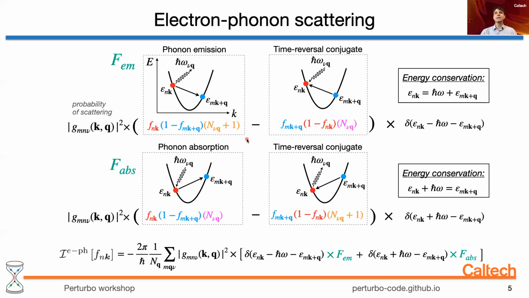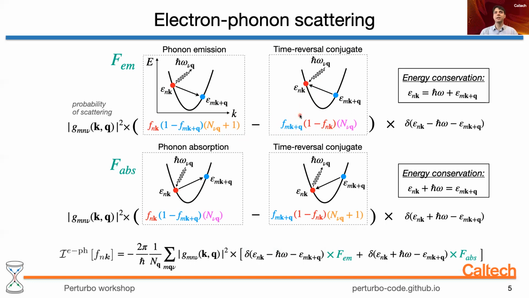Okay, then let us consider a time reversal conjugate of this process. It will be an electron which undergoes a transition from the final state to the initial state, absorbing a phonon. So that's why we have the electron occupation function for mk+q multiplied by the function that corresponds to the empty state at the final state.